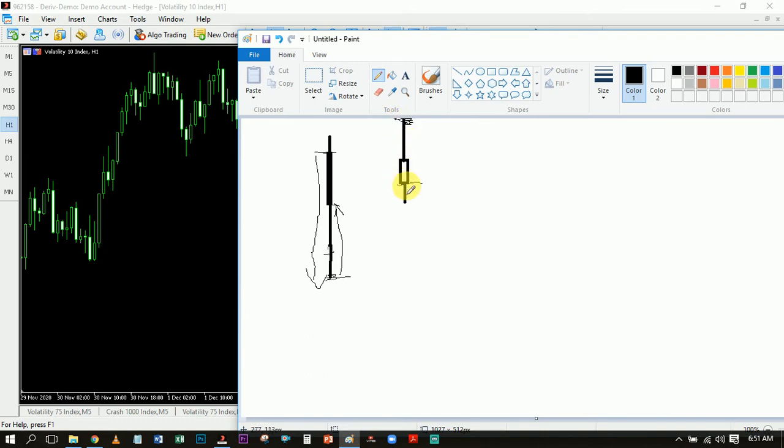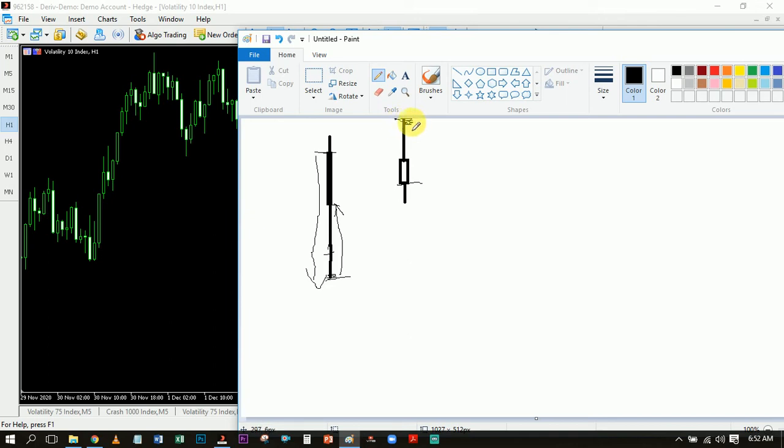The buyers here are stronger, but the sellers here are showing a very strong resistance that will not allow this price to move higher than this level.